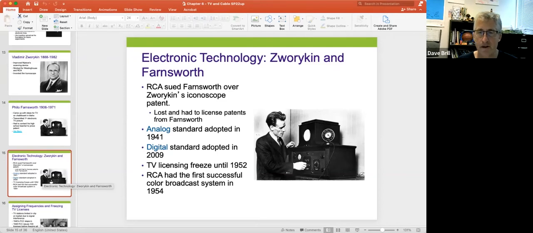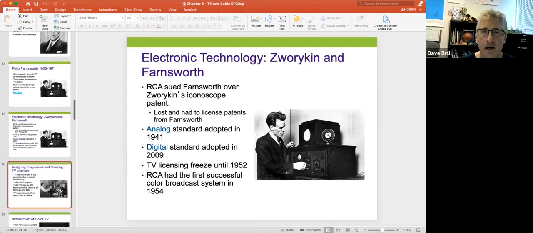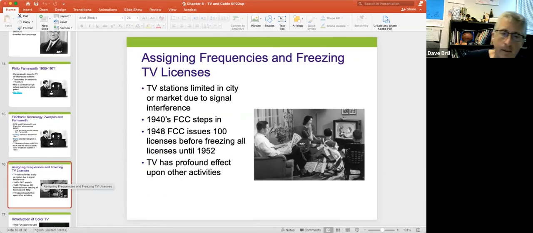I'll talk a little bit about RCA and its first successful color broadcast system in just a second. But I do want to get back to this thing about assigning frequencies and freezing TV licenses. TV stations were limited in a city or market due to signal interference.